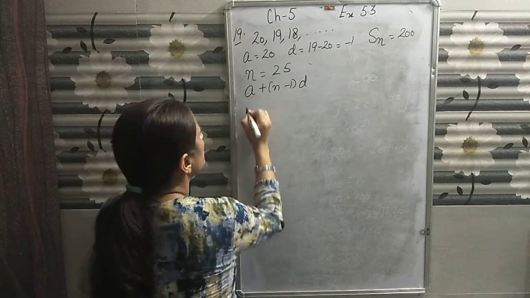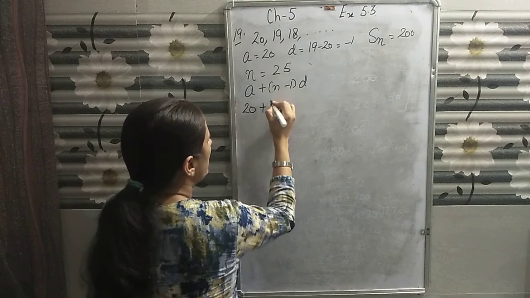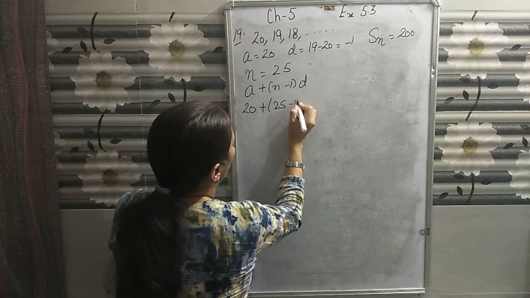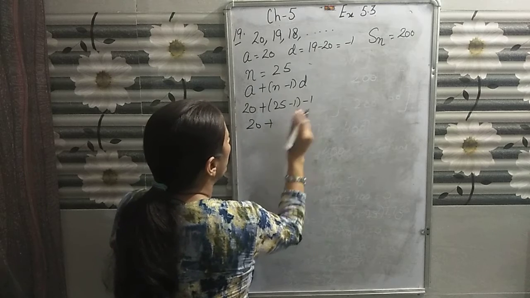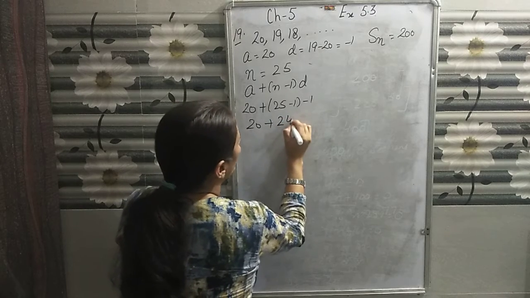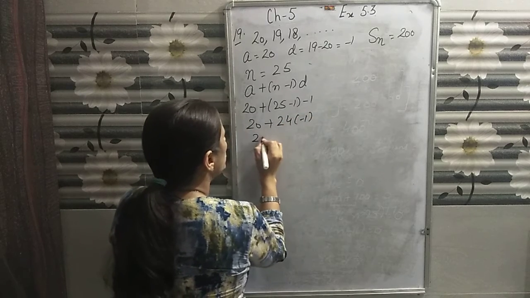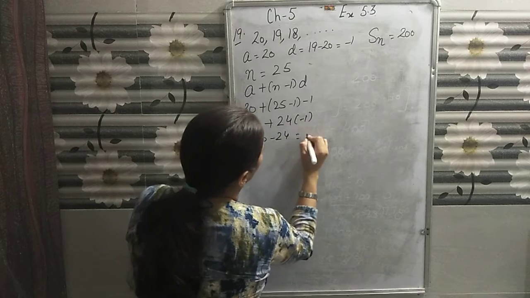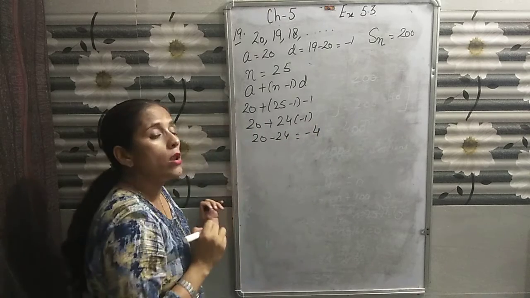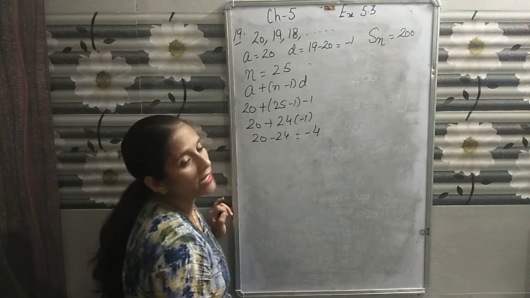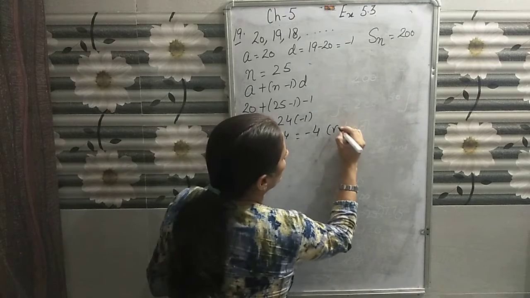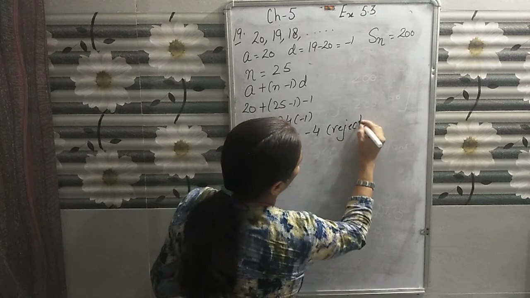Here a is 20, n is 25, d is minus 1. So 20 plus 24 into minus 1. So 20 minus 24 is minus 4. The number of logs in the top row can't be negative. So this value is rejected.